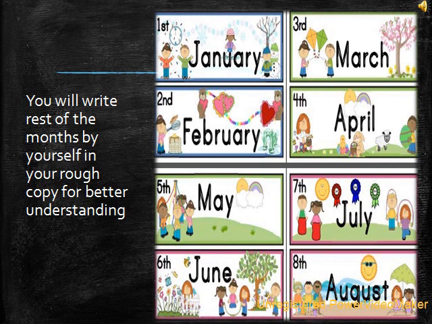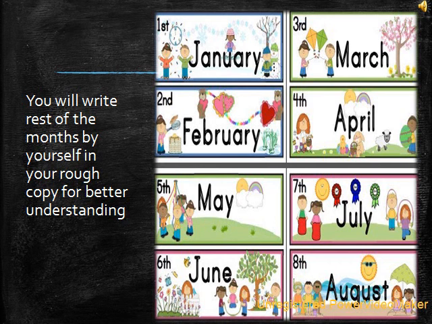Now, what about the week, the days? We also have days as ordinal numbers. Like in your textbook, on your page number 35, you can see there is ordinal number table on weeks.